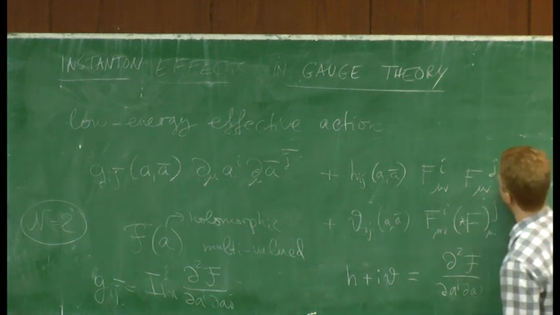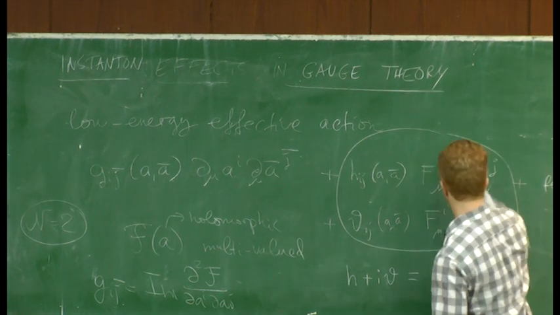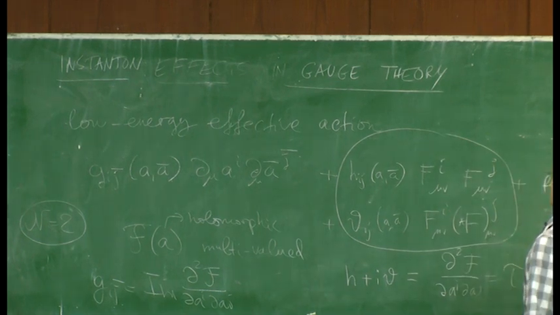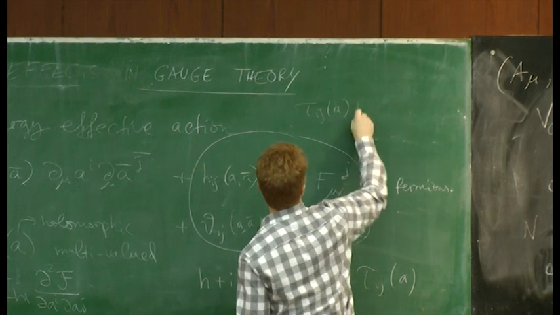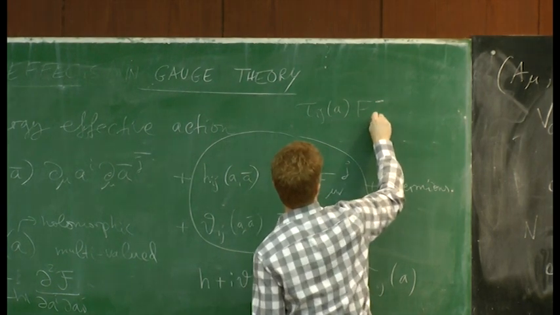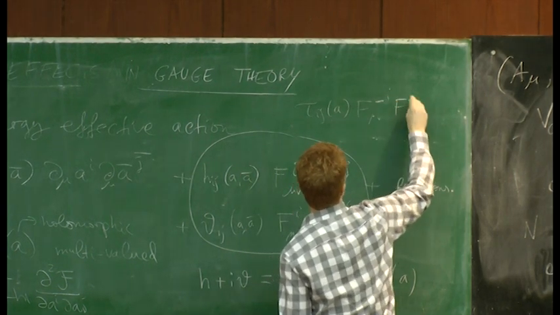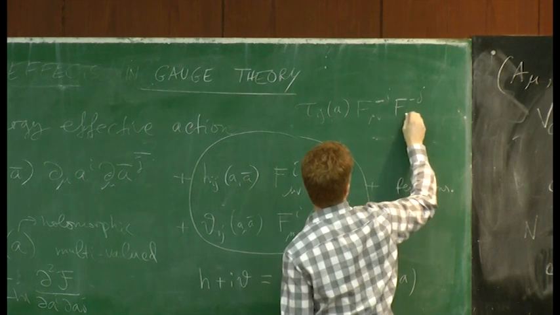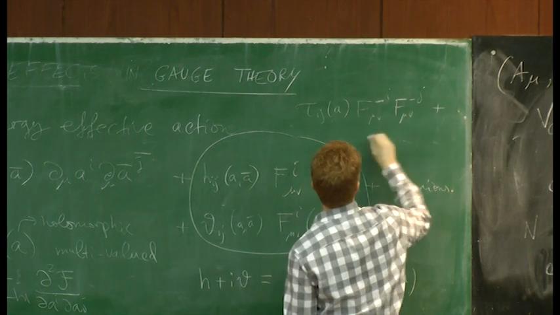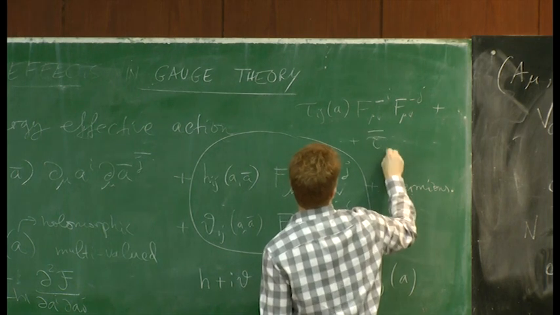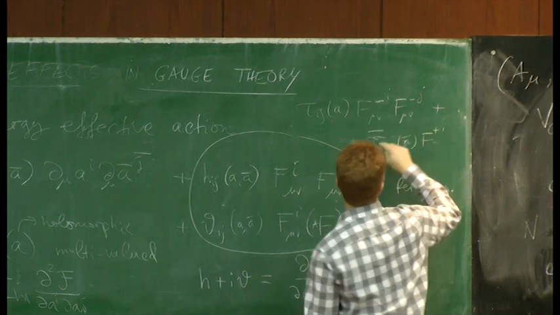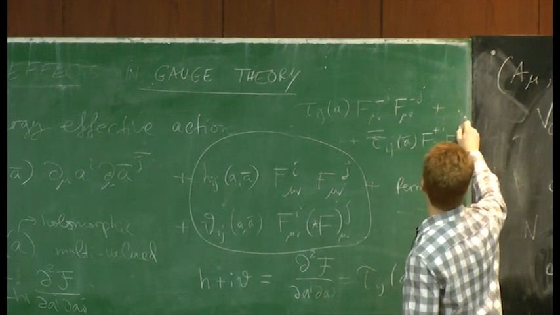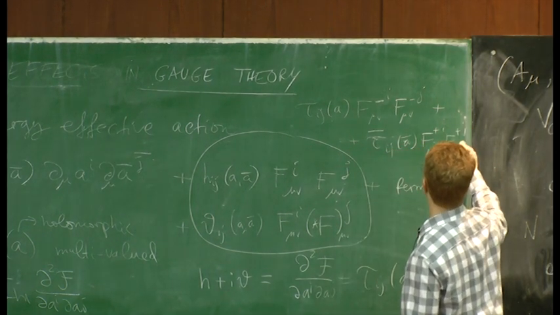In other words, we can rewrite this term, which we call tau, as tau_ij times the anti-self-dual part of the i-th field strength, and tau bar multiplies the self-dual parts of the field strengths.